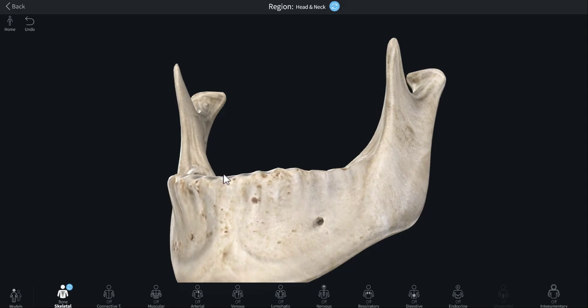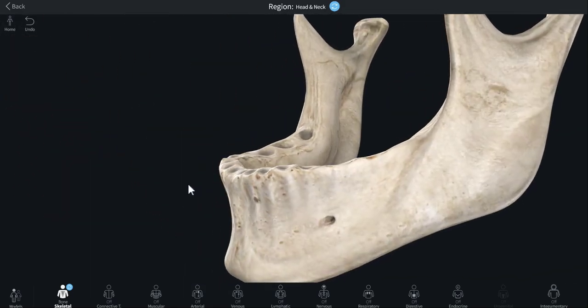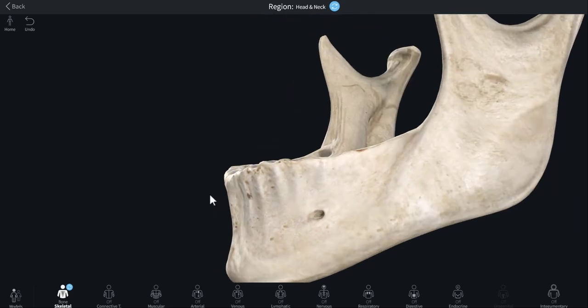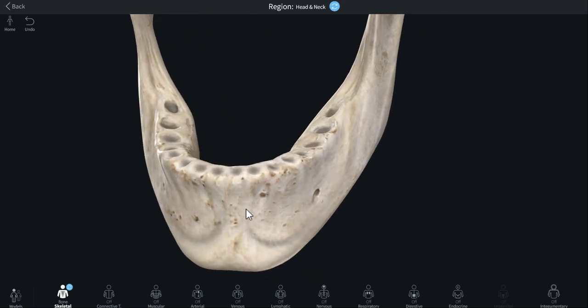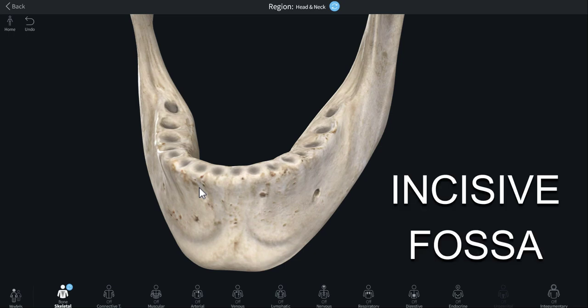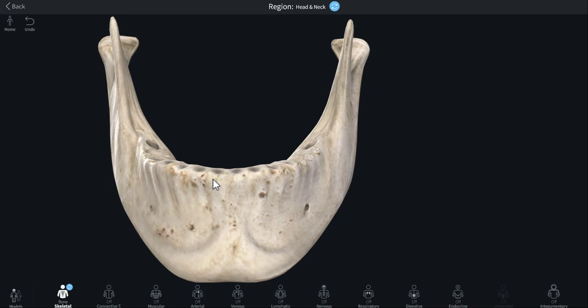You can make it out if I find the right view. See, laterally it is visible. These are small fossae between the incisors, right? These are known as the incisive fossa. All right, the incisive fossa.